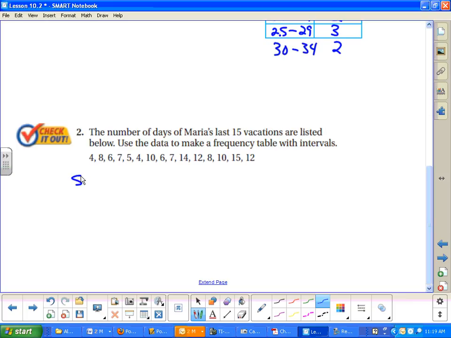Okay, so the smallest number is 4, and the largest 15.